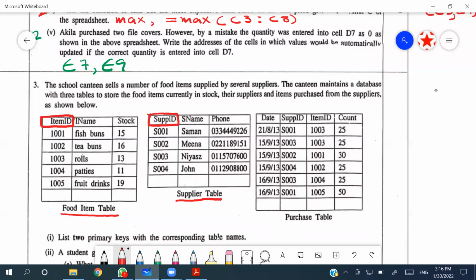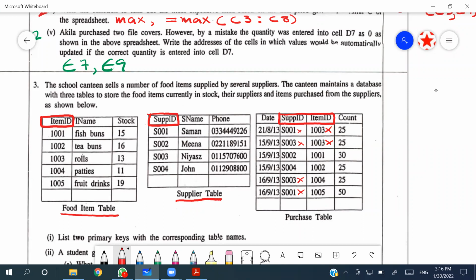And if you think about the purchase table, supplier ID will not be able to be taken alone because it is repeated in these instances as well as in these instances. Item ID goes the same way, right? So both could be taken together as a primary key, because you can't find S001 and 1003 anywhere else, right?